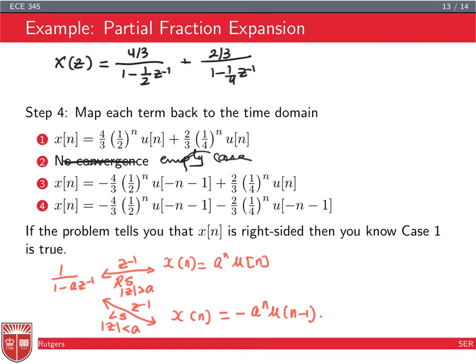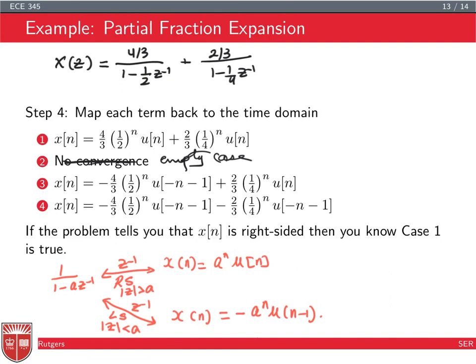So in the end, this is the answer to the problem. For that z transform, if I don't specify the ROC, then there are multiple cases. There are three cases, whether the whole signal is double-sided, left-sided, or right-sided.